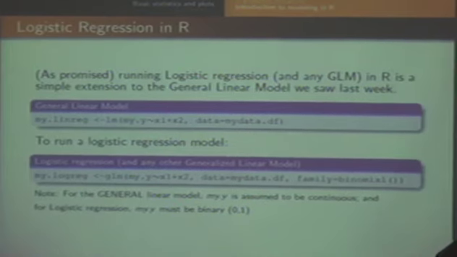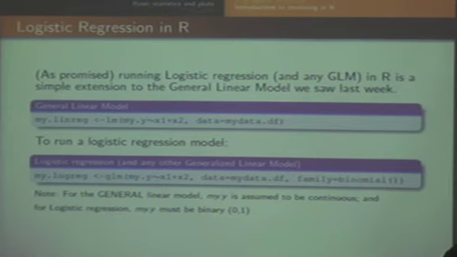Now, just out of interest, if I wanted to do a log linear analysis, in other words, a Poisson regression, so in other words, my y was a count variable, what should I do in that function? Family equals Poisson. That's right. That's all I have to do. Okay? There is a way of changing the link function to the non-default link, but I'm not even going to talk about that now.